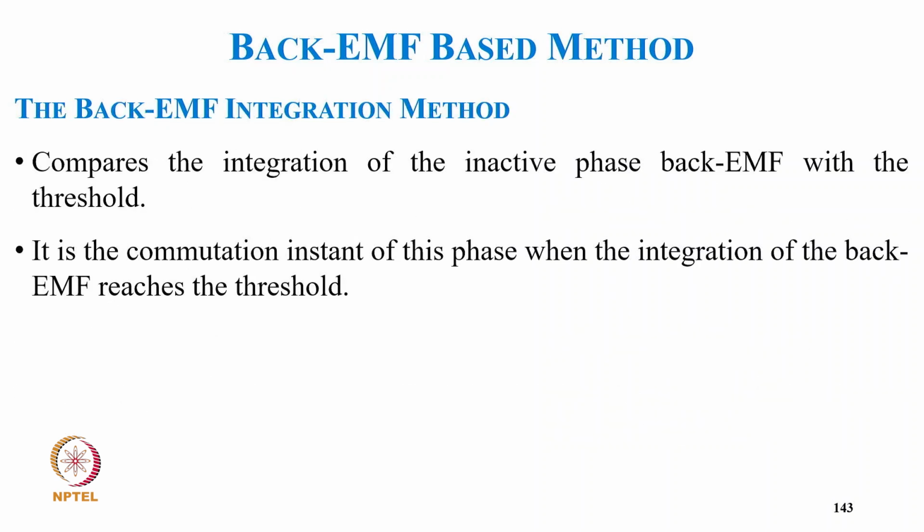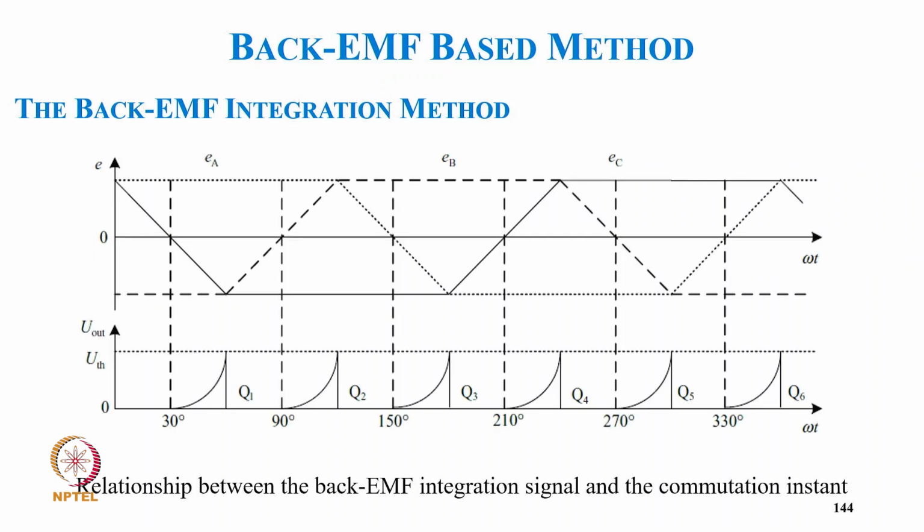That compares the integration of the inactive phase back EMF with the threshold, and it is the commutation instant of this phase when the integration of the back EMF reaches the threshold. And this is typically the relation between the back EMF integration signal and the commutation signal. So you get the signal from it.